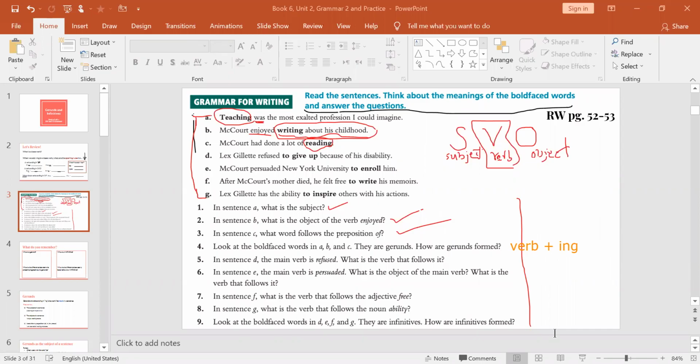In question 5, in sentence B, the main verb is refused. What is the verb that follows it? That is very interesting. So we have Gillette refused to give up.